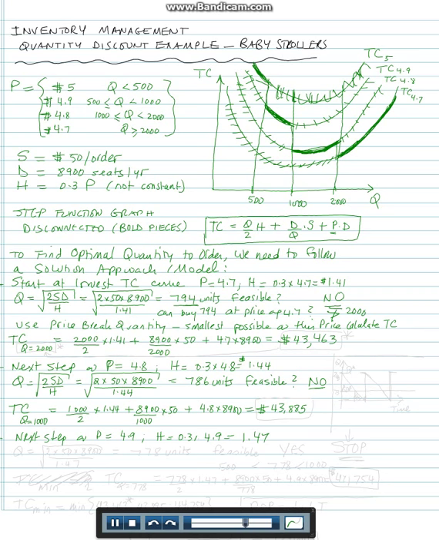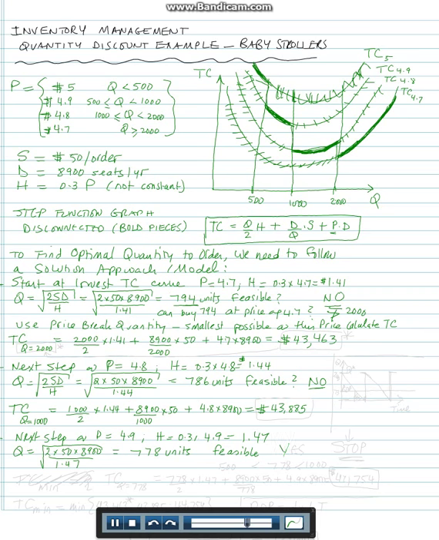Okay, so now let's calculate the EOQ for that. That's 2 times 50 times 8,900, but now I divide by 1.47, and now I get 778 units. Is 778 units feasible at the price of 4.9?